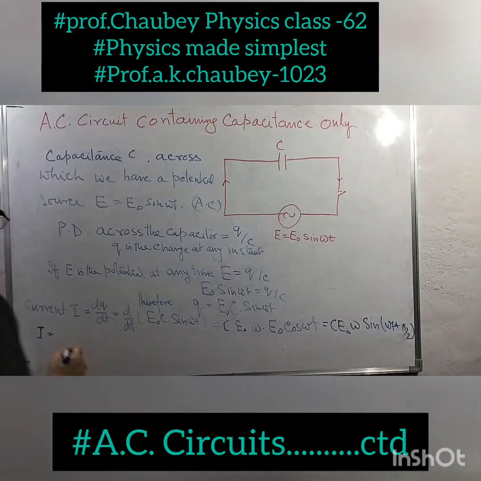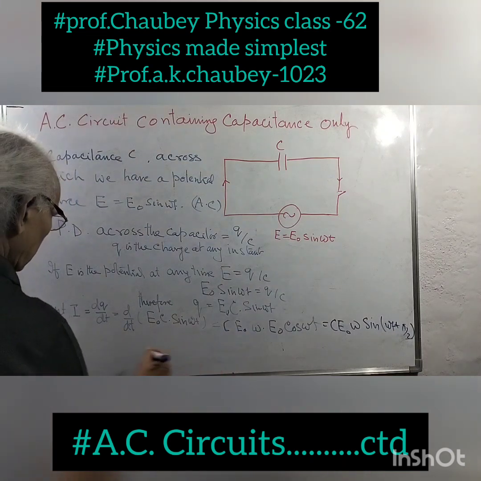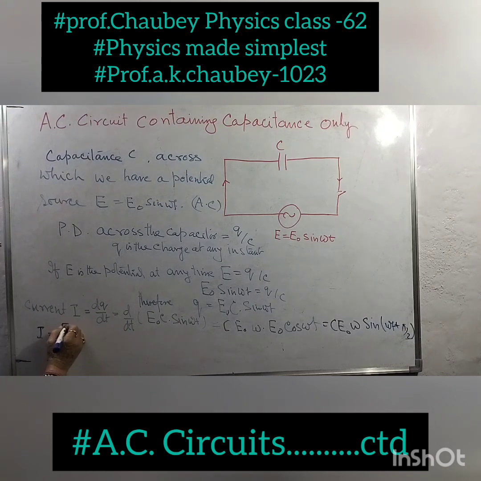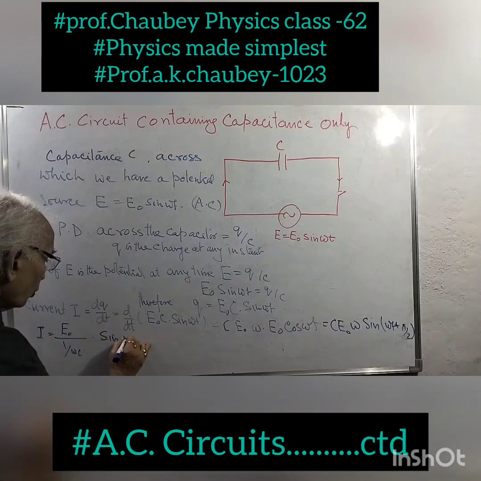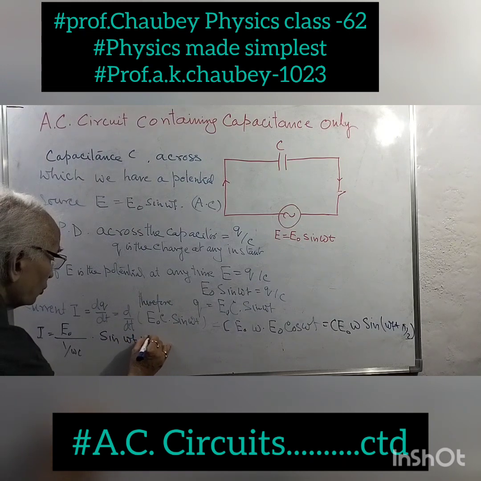So I is equal to E naught times omega C, and I can write omega C as 1 over 1 over omega C, it is the same thing, and sin of omega t plus pi by 2.